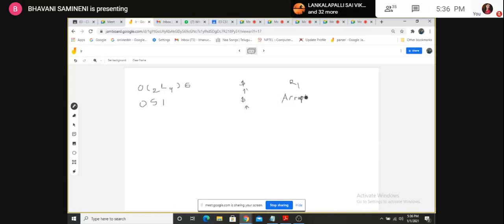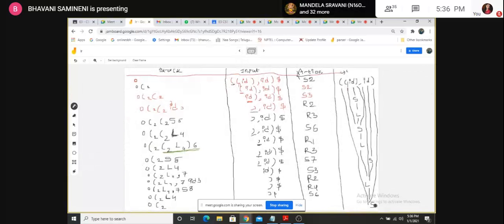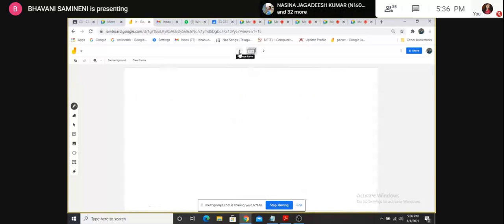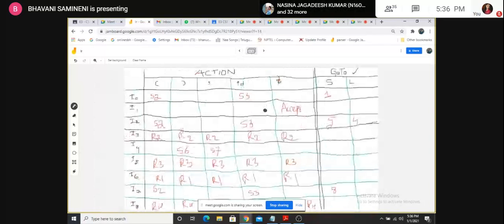So see here, we are able to reach the start symbol. If you have taken a string which is a part of this grammar, definitely we will end up with this start symbol. Otherwise, we'll be leading to the cell where there is no action, nothing. Suppose you have taken some other string which is not part of the grammar, we'll be leading to these empty states.